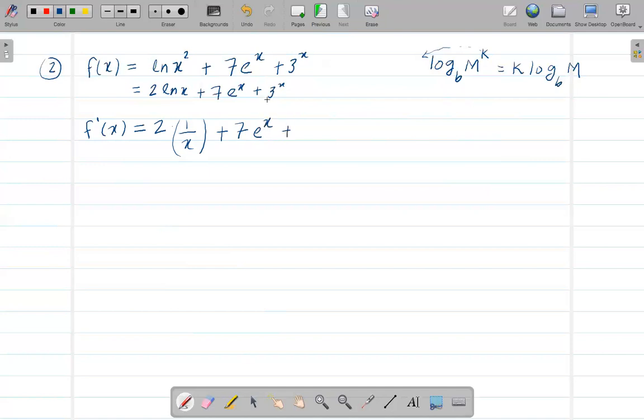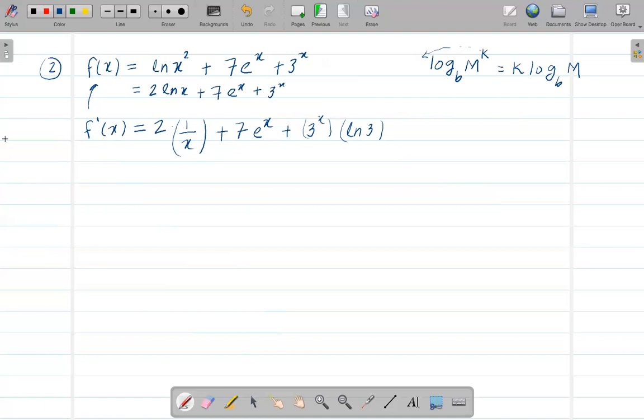And when we take the derivative of this kind of exponential function, where the base is 3, it will stay the same thing with an extra term, which is natural log of 3, right? Okay, that's the derivative of this function.